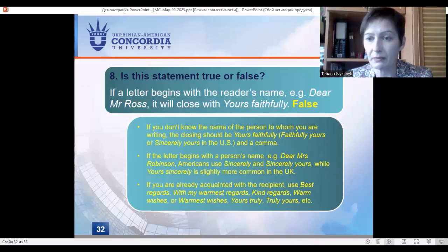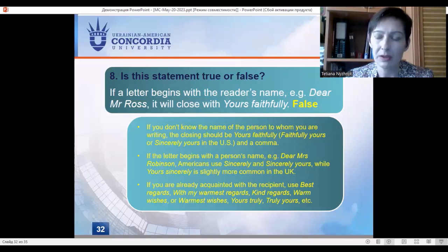The phrase yours faithfully is still used in Great Britain, and it appears in many manuals on style. In the United States, they would probably use faithfully yours, but I must admit that it's more rare nowadays than, say, sincerely yours.